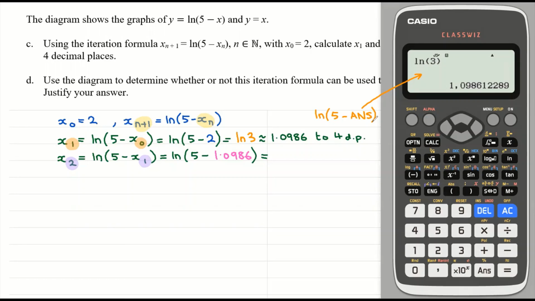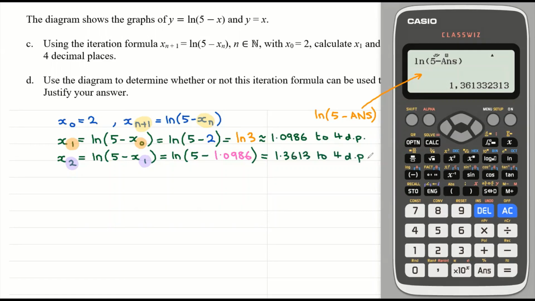So let's type that in. So leave the answer, just type over it. So just press natural log and then 5 subtract answer, close your bracket. Let's see what that gives us. 1.3613. Great, we can write that in. That's the 4 decimal places.